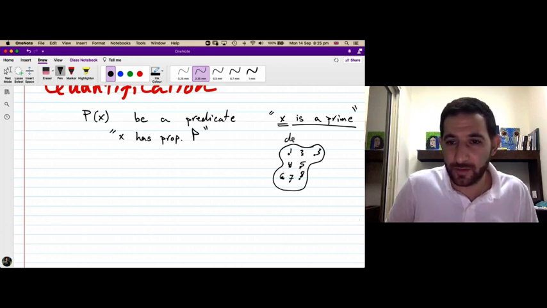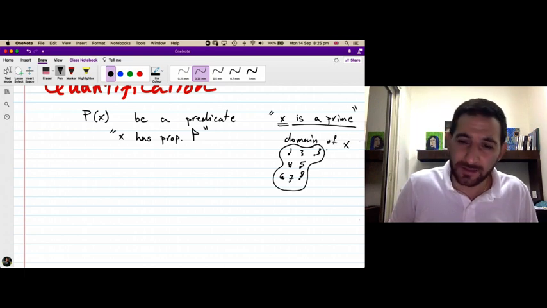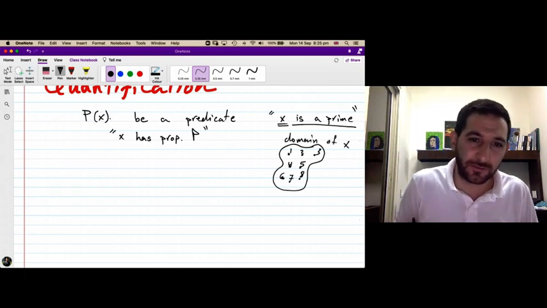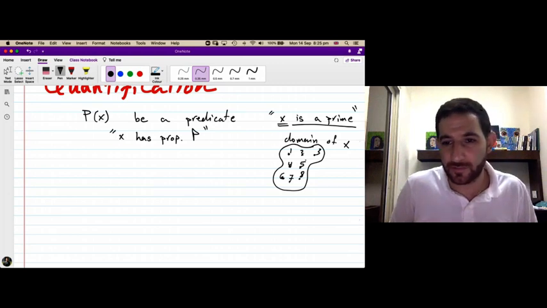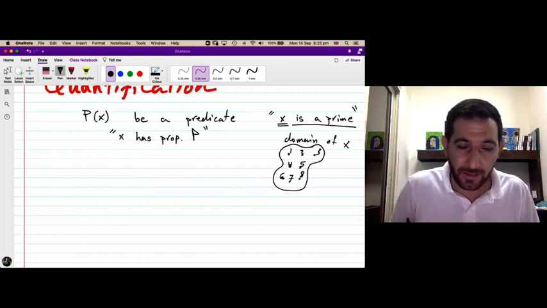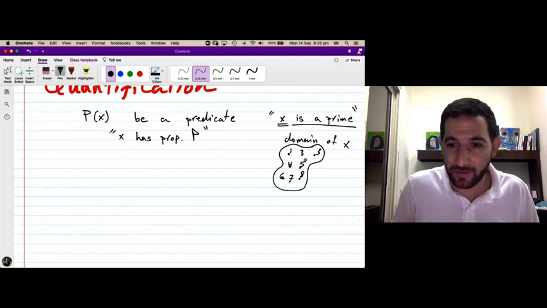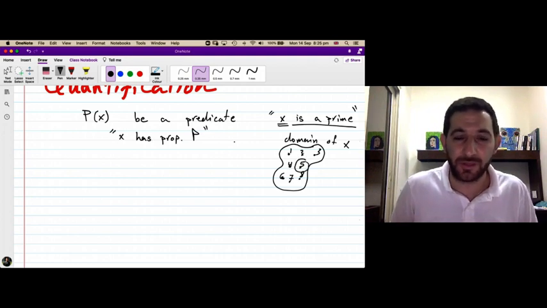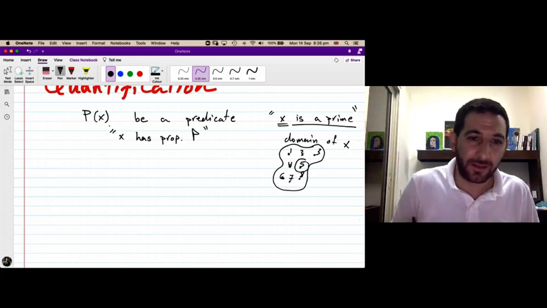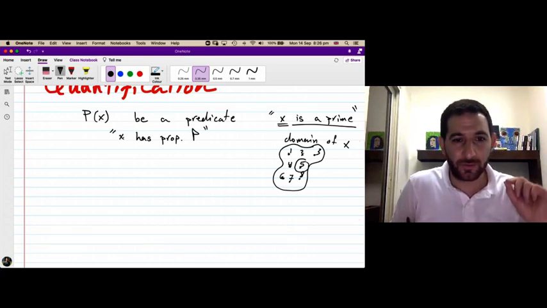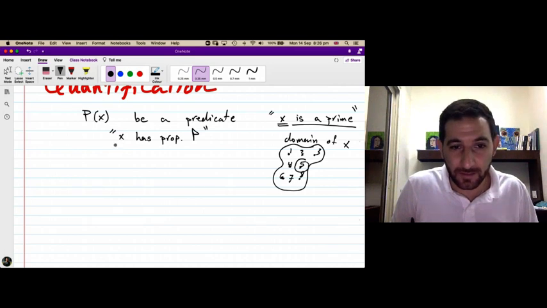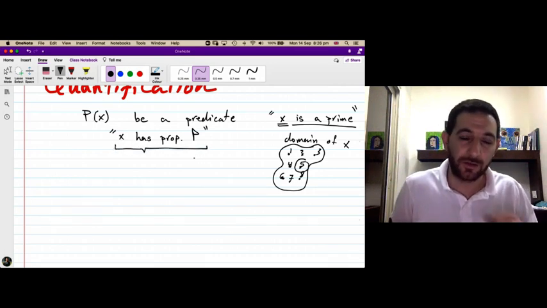Say this is the domain of the variable X, then this means that when we want to substitute a value for X, we can choose it from here. So if we choose X to be 5, say, then our statement will be 5 has property P. And in the definition of the predicate, we said when we substitute a value for X, the resultant sentence should be a proposition.